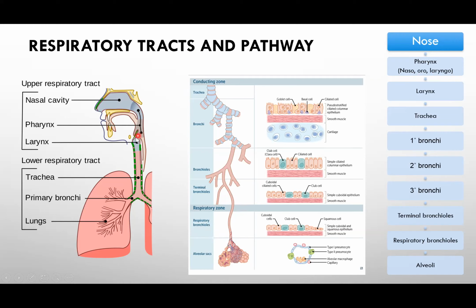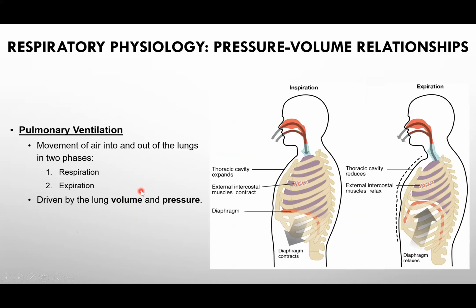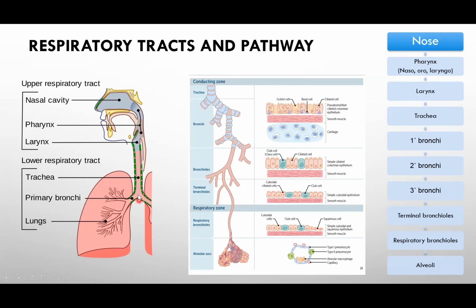And then we go into the larynx, and then the trachea, and then the primary bronchi, which split into secondary bronchi, which split into tertiary bronchi, which split into bronchioles, which split into terminal bronchioles.